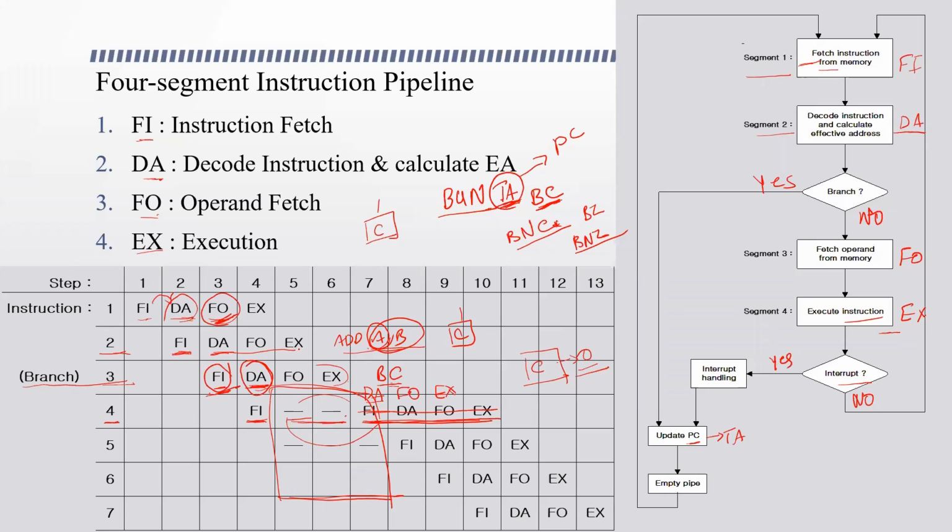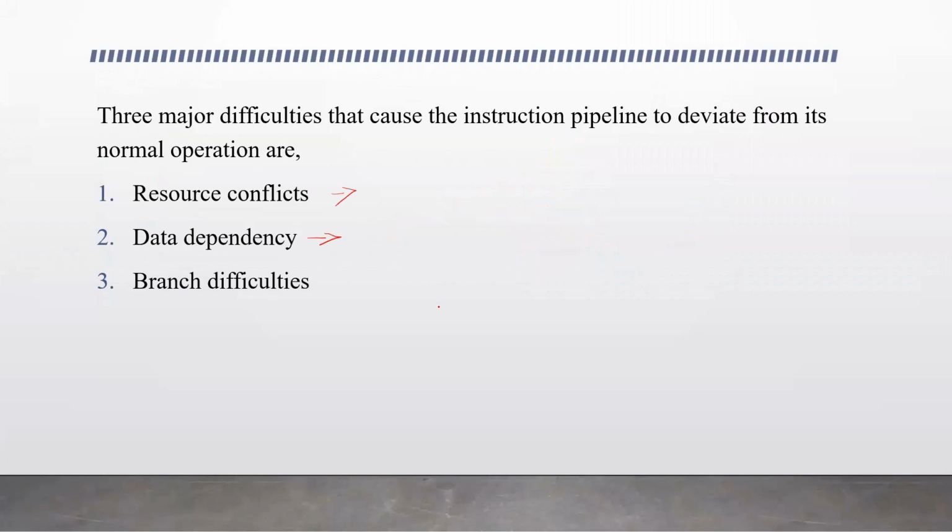Unless this entire operation is completed, this cannot be performed. So this third instruction needs to wait for the result from the previous instruction. The result is not available, but this instruction needs the result of the previous instruction for its execution. So this conflict also can arise.